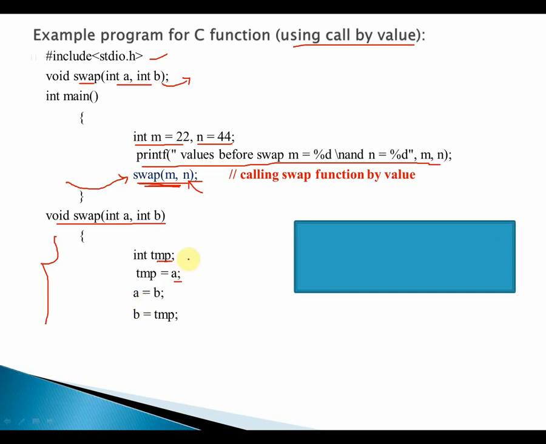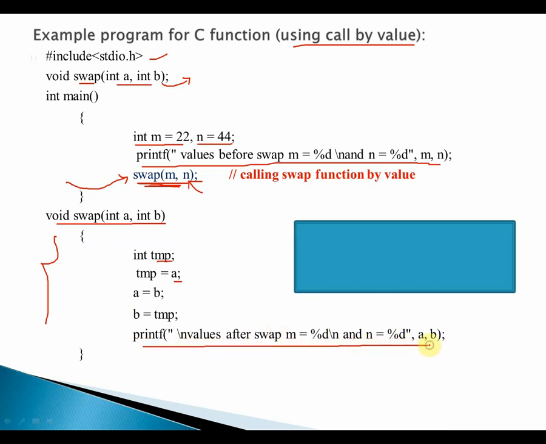Alright, now after swapping we'll have to print the values, obviously, so that the user understands whether the values are correctly swapped or not. So you see, the function swap is not returning any value to the main function.